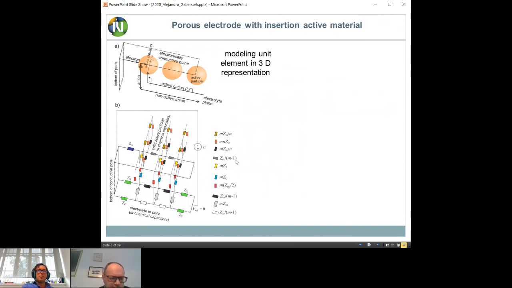This is only a unit equivalent circuit or unit transmission line circuit here, and it describes all possible events, so to say, when this charge is moving here, inserting, these charges moving here, inserting, traveling together inside the particle, and so on.